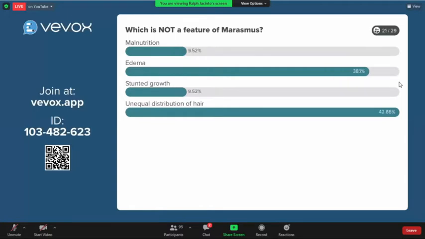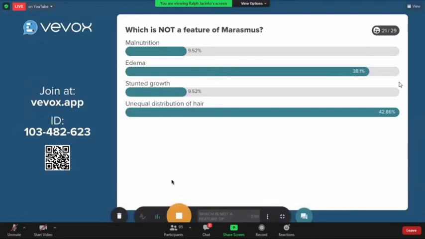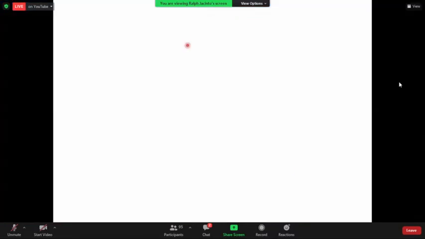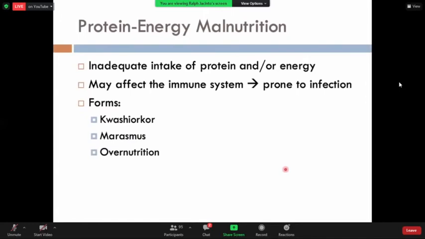Okay, so let's look at the protein energy malnutrition. When we say protein energy malnutrition, what happens here is that there is inadequate intake or over intake of proteins and energy.